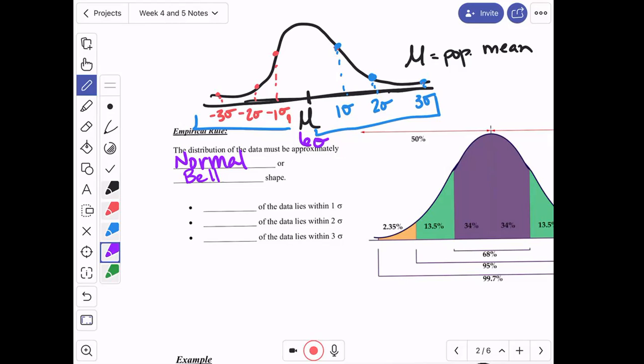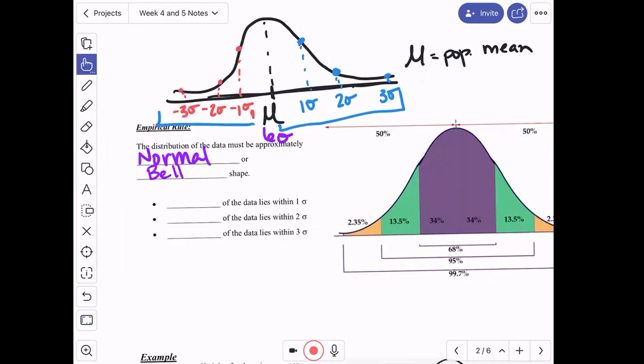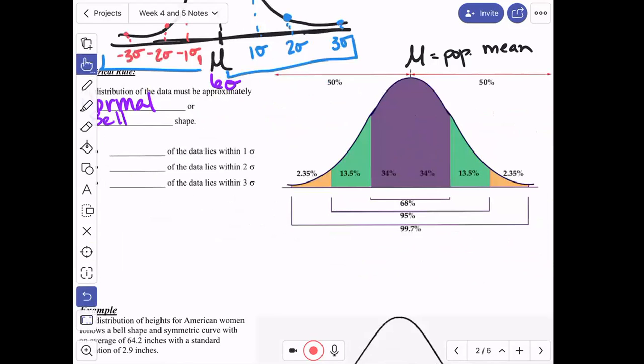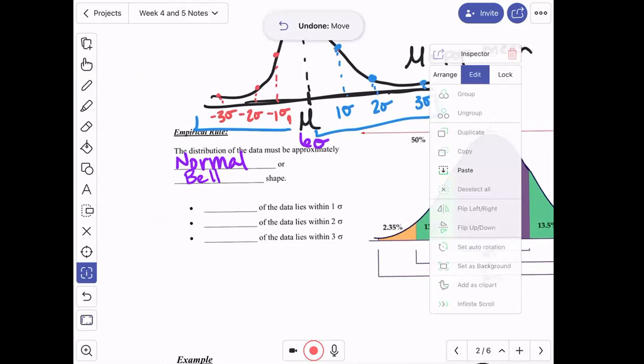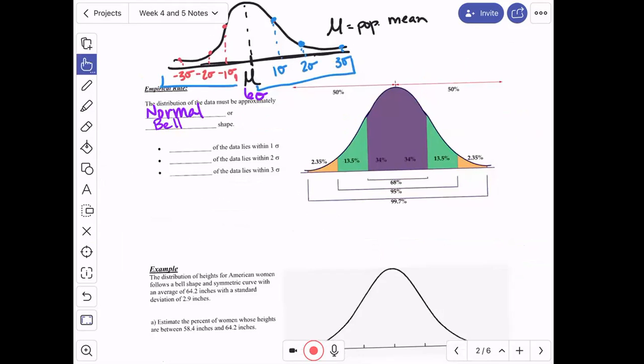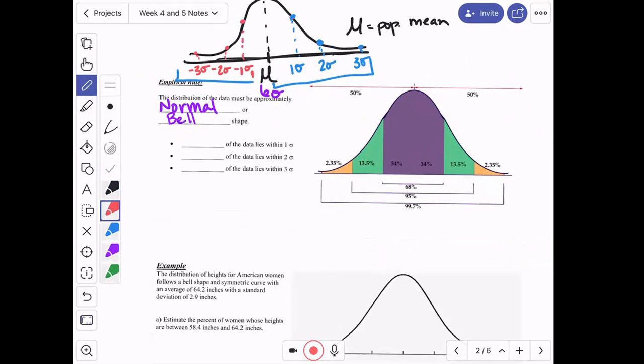So what this really means then is, because I know this, I'm able to accurately find how much data sits within each standard deviation. And I can do that using the empirical rule. And what the empirical rule says is, within 1 standard deviation of the mean, and within means that it can be either to the left or to the right.